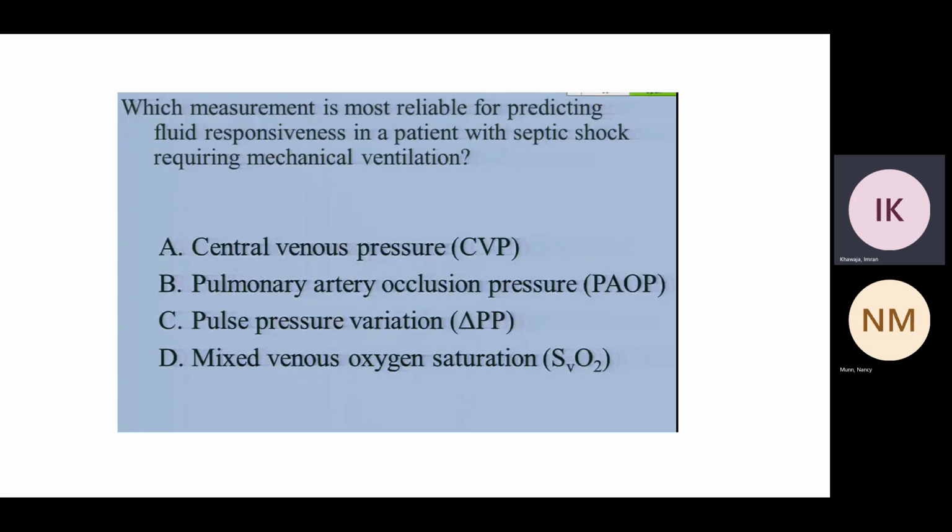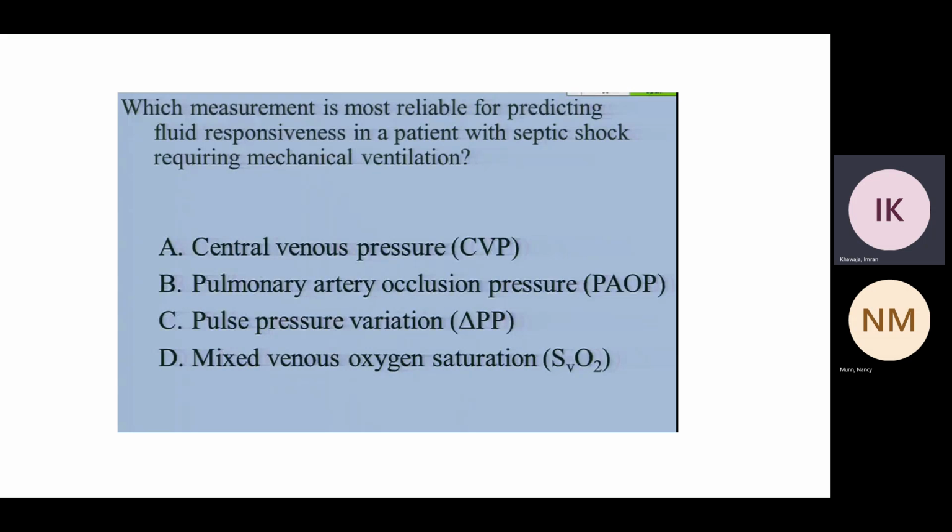There is a correlation based on the Fick equation: the lower the SvO2, the lower the cardiac output. It doesn't apply to sepsis because of peripheral utilization. So you can have a falsely normal or high SvO2 in the presence of shock, especially when patients have the hyperdynamic phase of septic shock.